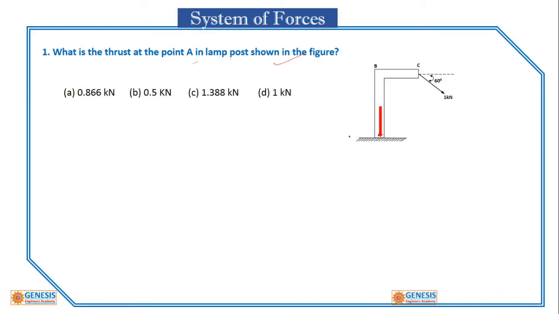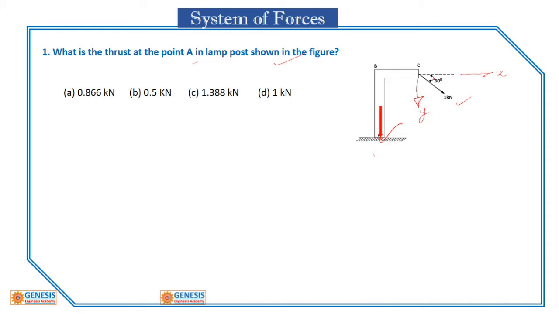So this is the thrust point acting at the post, and this is the force acting at an angle of 60 degrees from the horizontal. So this force will have two components, along this direction and along this direction.